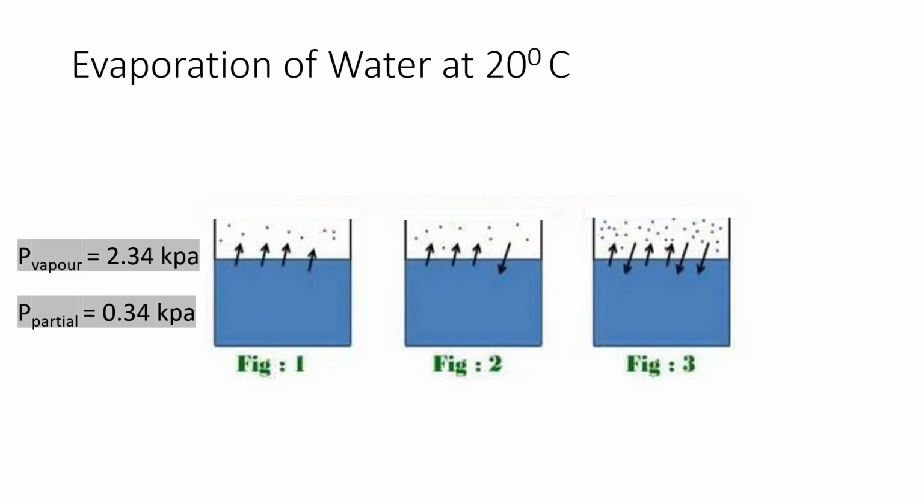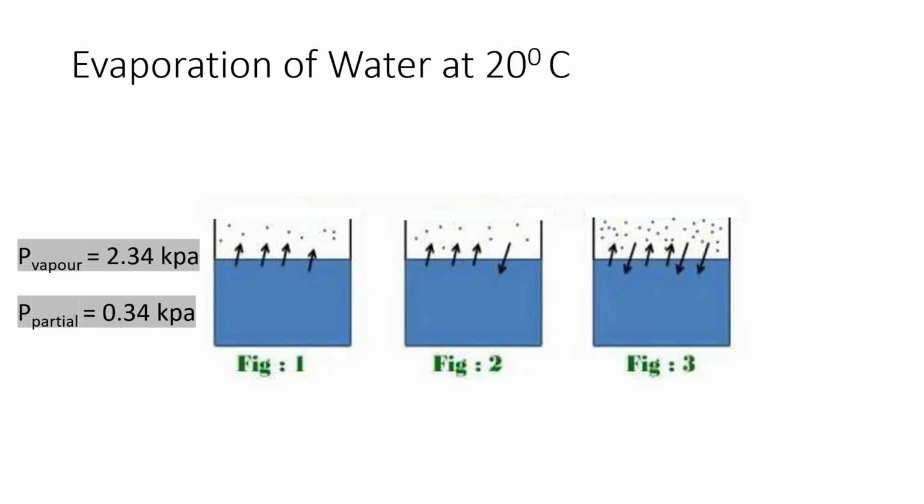The water evaporates away, that is, there is not enough water to establish phase equilibrium in the room, or evaporation stops when the partial pressure of water vapor in the room rises to 2.34 kilopascal, at which point phase equilibrium is established.